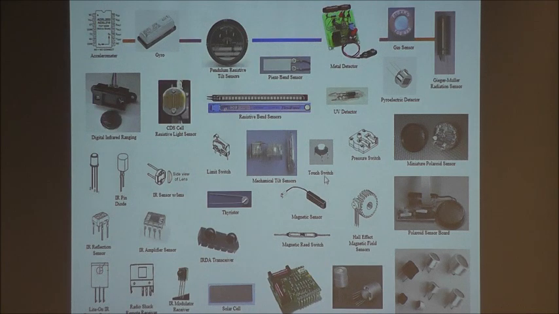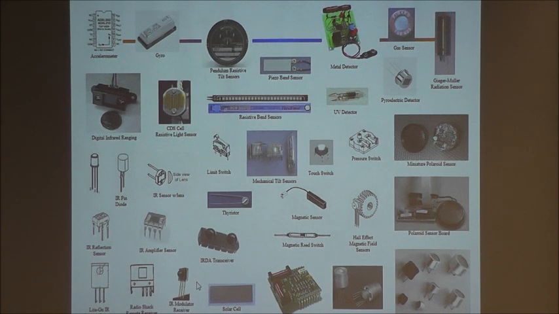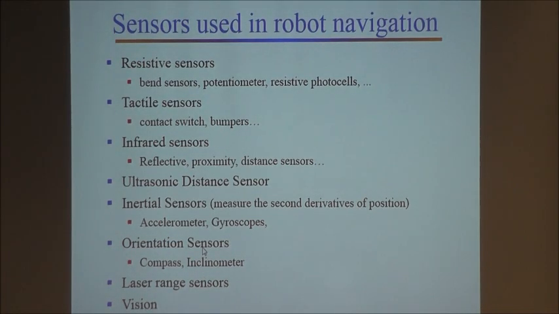You could have touch sensors, and you have ultrasound transducers, compasses, different kinds of solar cells, IR modulators, IR amplifier sensors, and so forth and so on. And many, many different potentials.